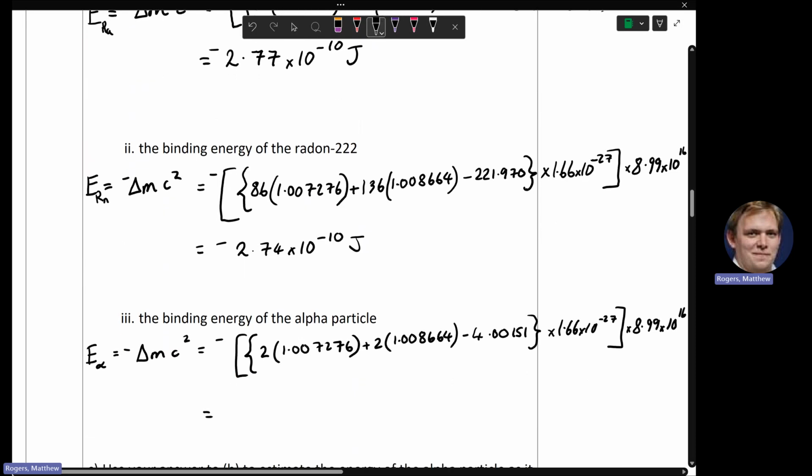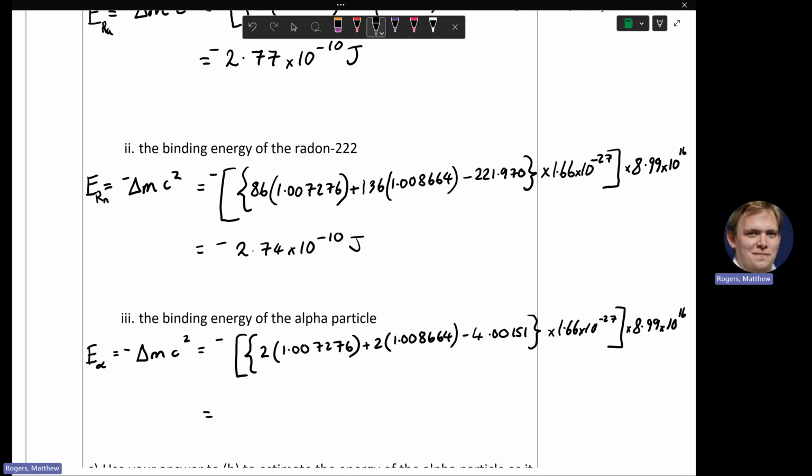So again, same calculation, 2 lots of 1.007276 plus, let's not make a mistake, plus 2 lots of 1.008664, take away 4.00151, gives us the excess mass in units of U, 0.030.